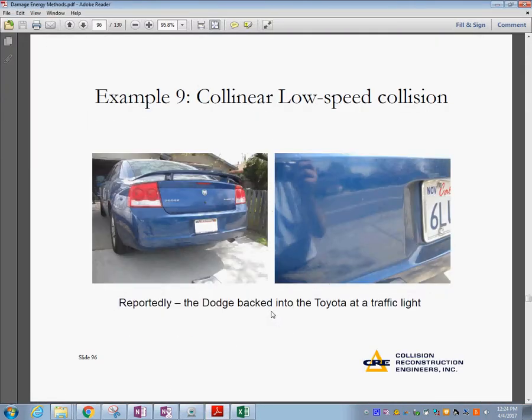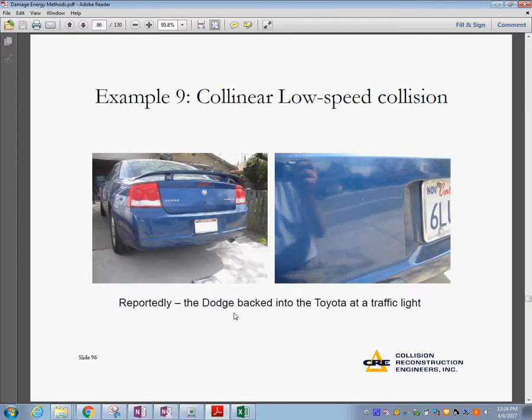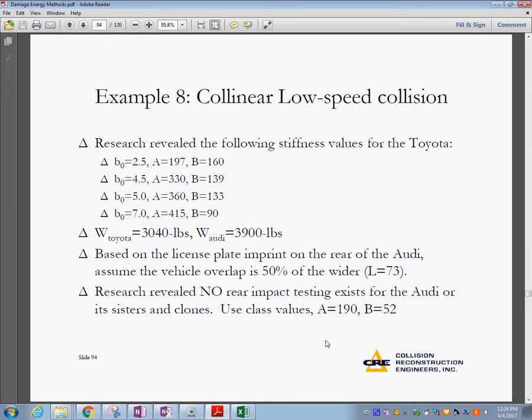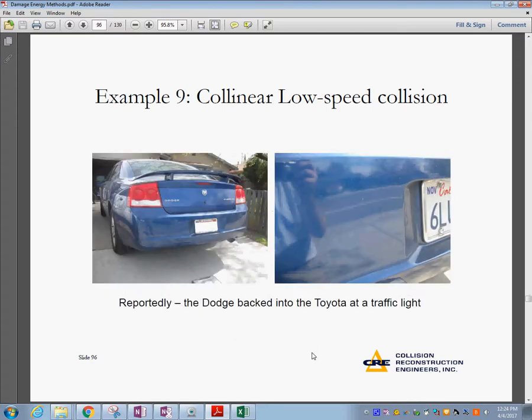Okay, we have another low-speed collision. So he's showing you here using the spreadsheet to calculate the delta V. Here would also be a low-speed collision.